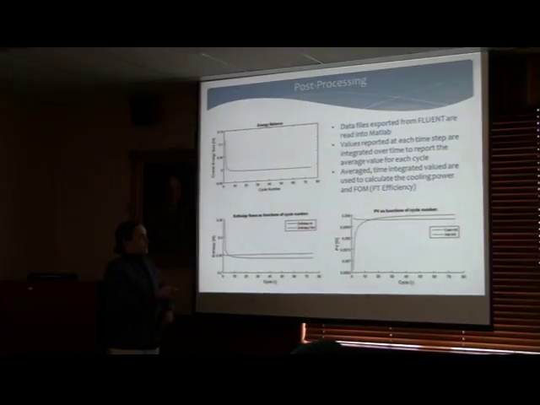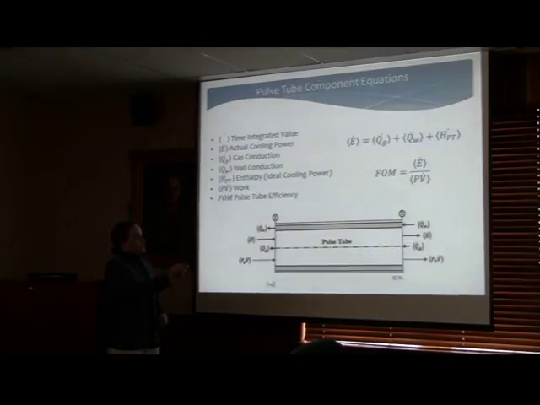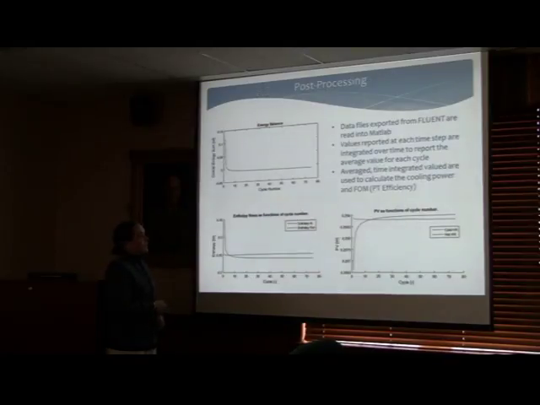It's a pretty highly efficient pulse tube, and these numbers are very similar to the one over here. The way we did this is data files were created in Fluent while it solves, and then exported into MATLAB, and like I said, they're average time integrated values, and they'll help us solve for the equations on this slide right here.